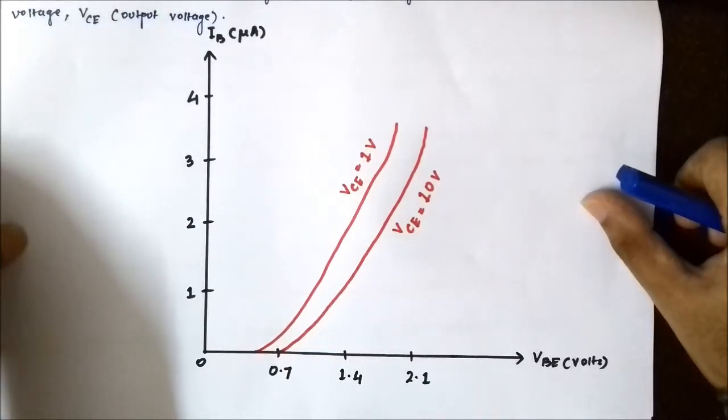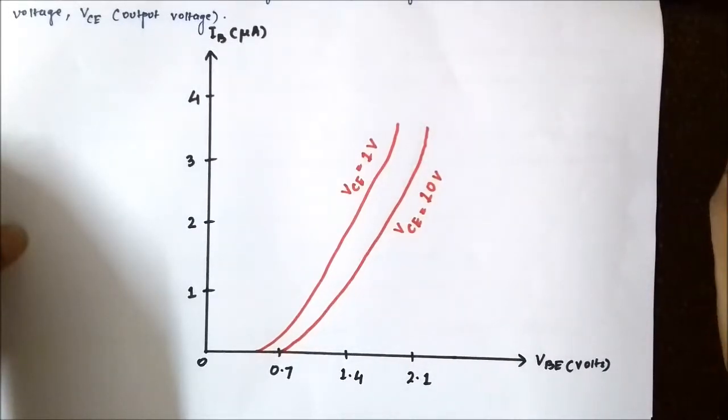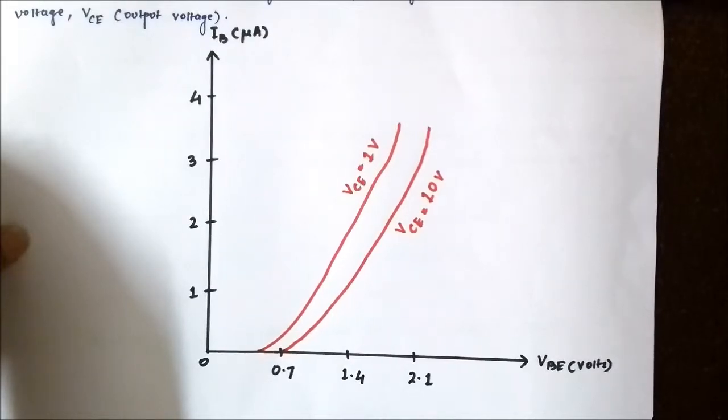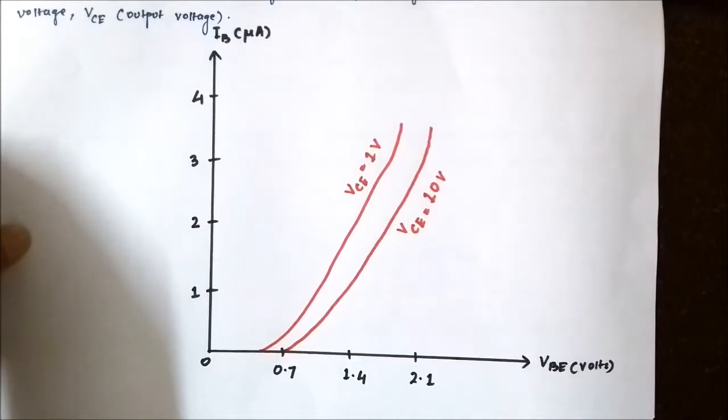Now this characteristic curve is very similar to the VI characteristics of a forward bias diode, because the common emitter configuration of NPN transistor is similar to a forward bias diode.